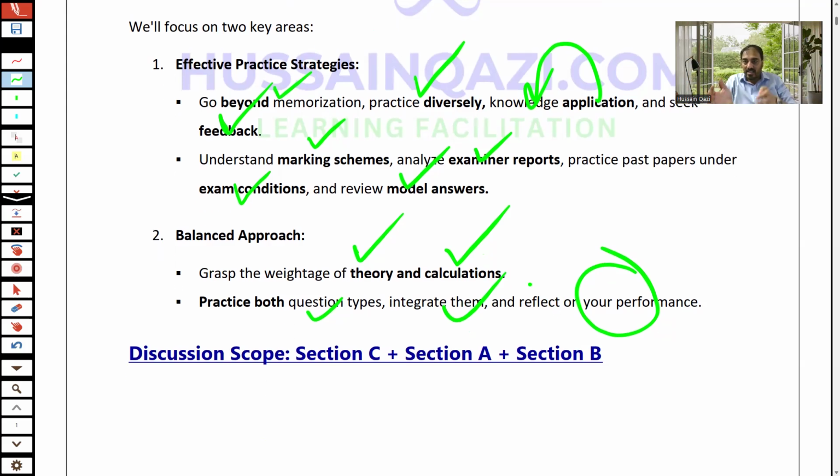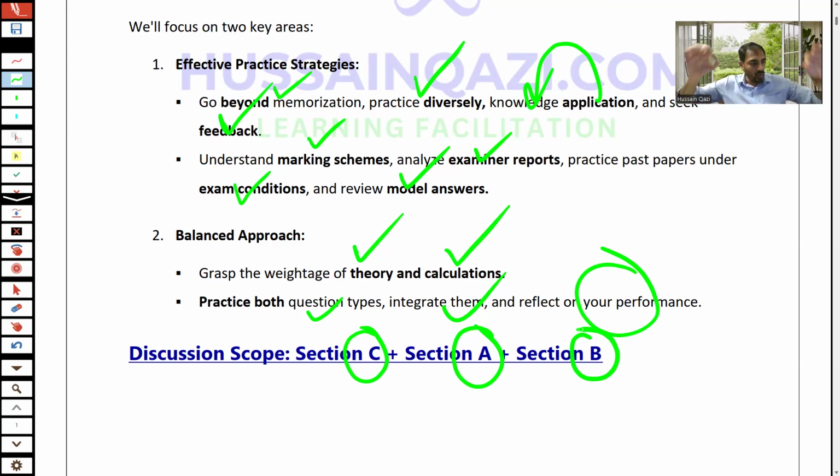Students, this is the sequence of the session that I will conduct here. First I will cover one question of section C, then a section A type question, then a section B type question.